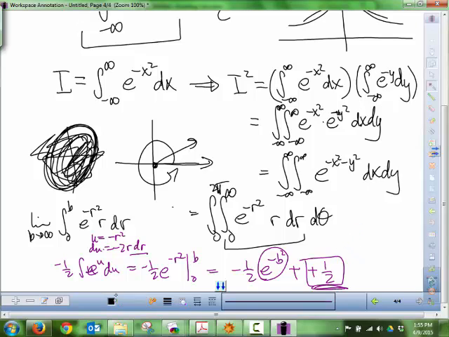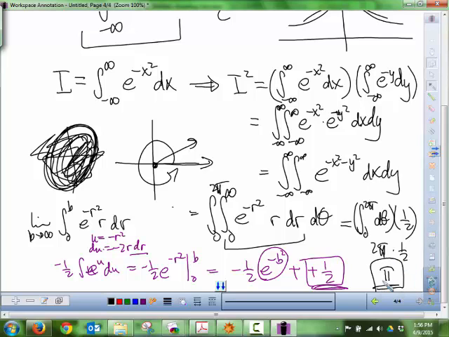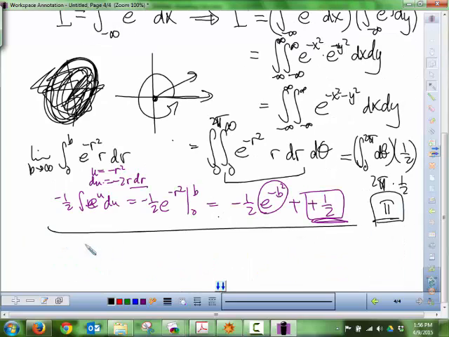So your integral then becomes the integral from 0 to 2 pi d theta times the 1/2 that we just got. So that's 2 pi times 1/2. So that's pi. So I squared is pi. So I is equal to the square root of pi.